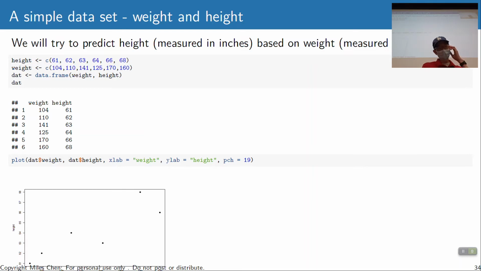I just made up some data points and kept it small. A person who weighs 104 pounds is 5'1", a person who weighs 110 pounds is 5'2", and 170 pounds is 5'6", and so on. These are just made-up numbers, and this is the plot of these 6 points.